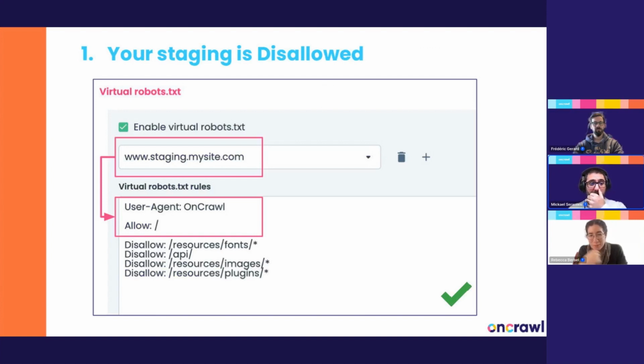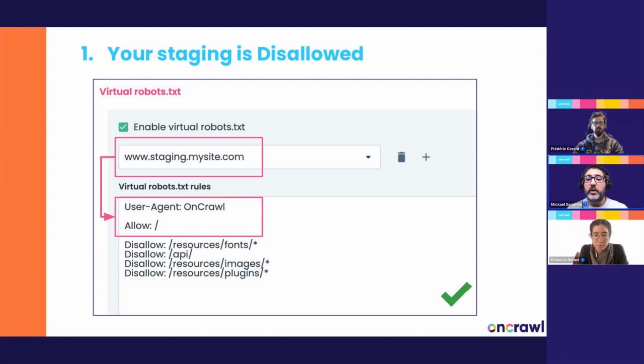For example, let's say we want to crawl a staging site that is disallowed to every kind of bot. So we will enable the virtual robots.txt in the crawl configuration, inside the extra settings. We will configure the host name and then two simple rules: user agent Oncrawl if you use the Oncrawl bot, or you can replace it by a star to match all user agents.